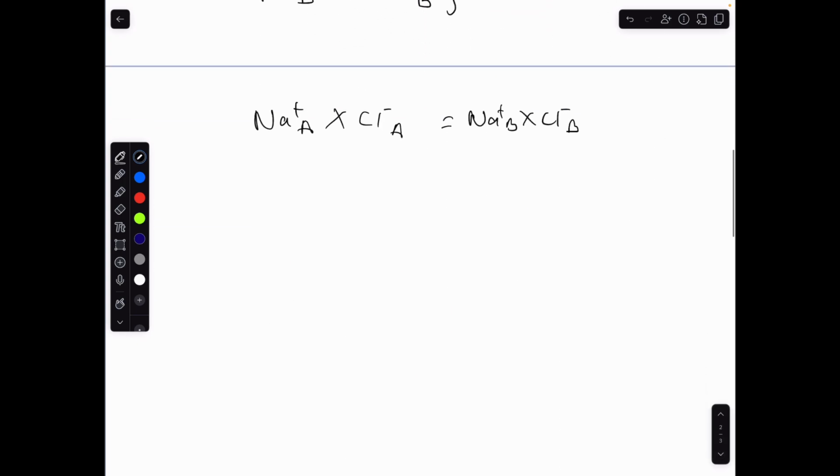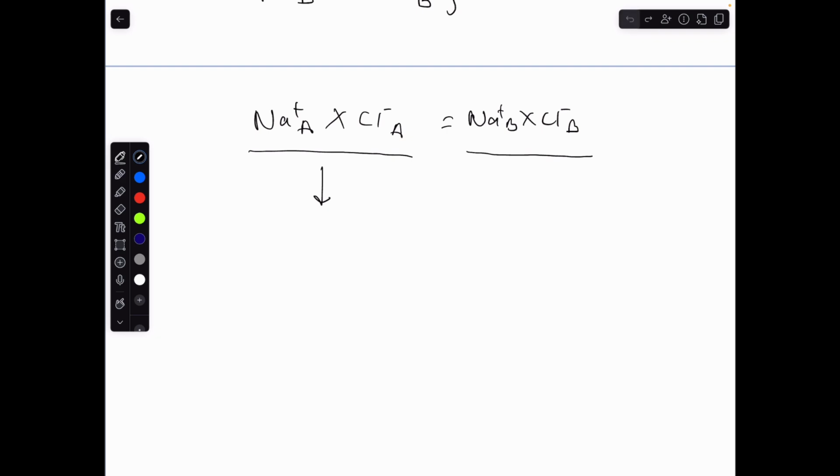This is due to redistribution of ions. And the product in solution A will be equal to the product in solution B, because the ions have redistributed themselves in such a way that the product of cations and anions in solution A is equal to that in compartment B.